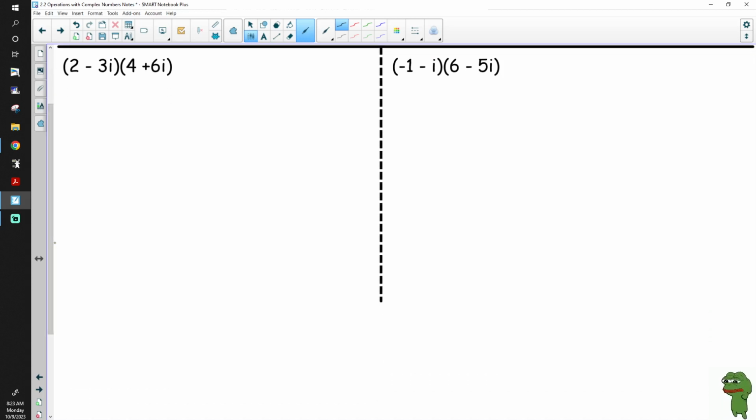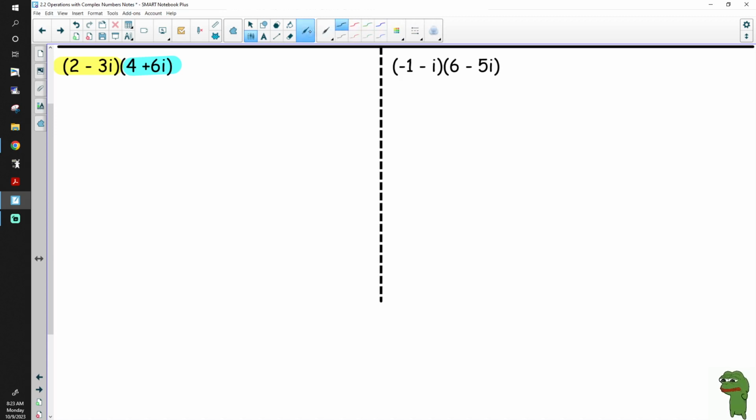So, I am multiplying 2 minus 3i, which is our first complex number, by our second complex number, which is 4 plus 6i.